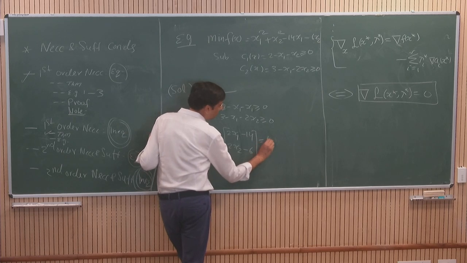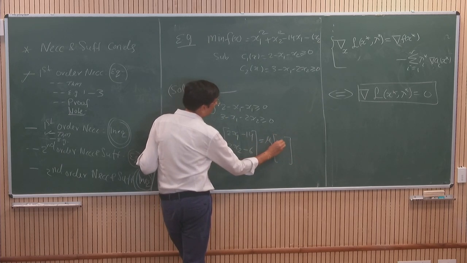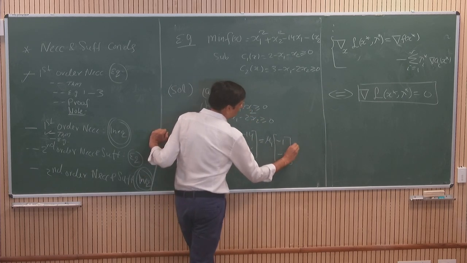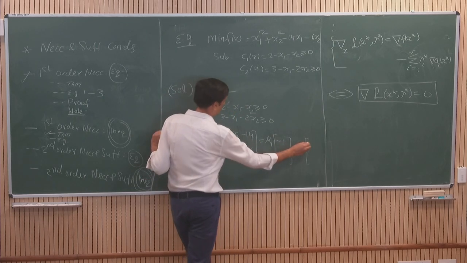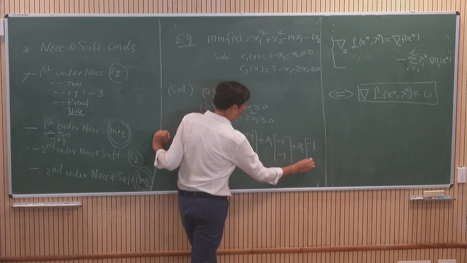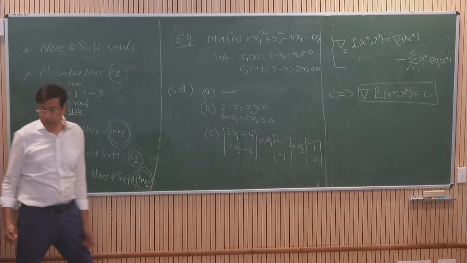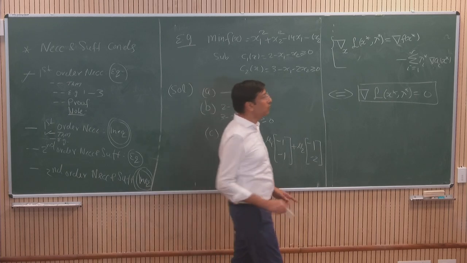So we'll have mu1 times the gradient of the first inequality constraint, which will be minus 1, minus 1, and plus mu2 times the second one, which is minus 1 and minus 2. Everybody with me? We've written the gradient of the function as a linear combination of gradients of constraints.